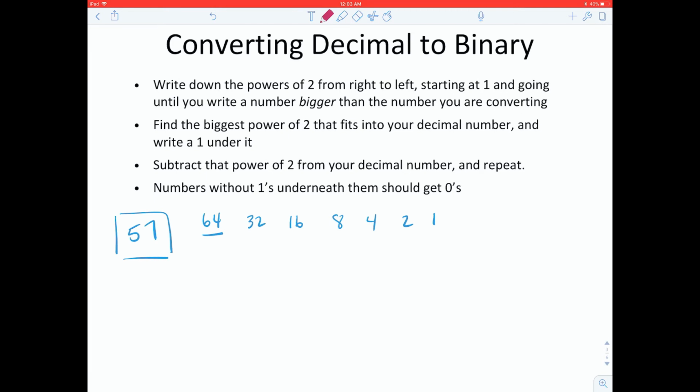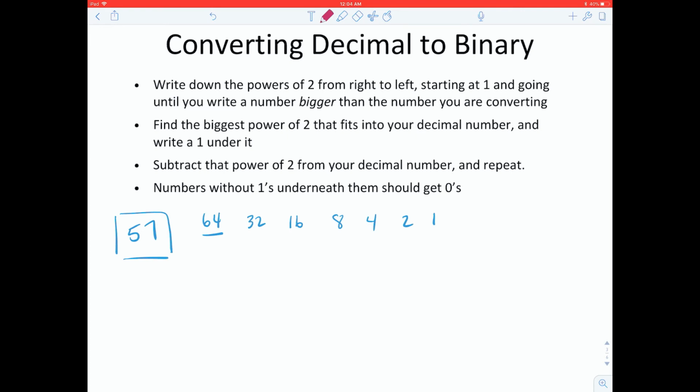You're going to count out some quarters because they're the biggest quantities you have to work with. And with binary and decimal, it's very similar, except that we only get one coin for each of these powers of 2, for each binary number. So if I'm going to include a number, I write a 1 under it, and then I subtract it.